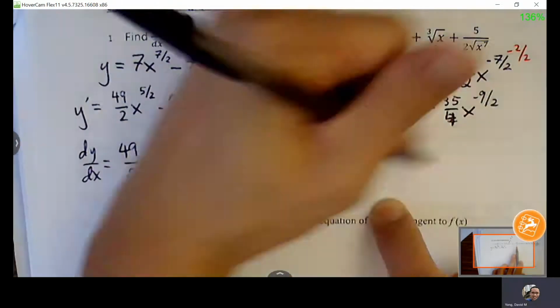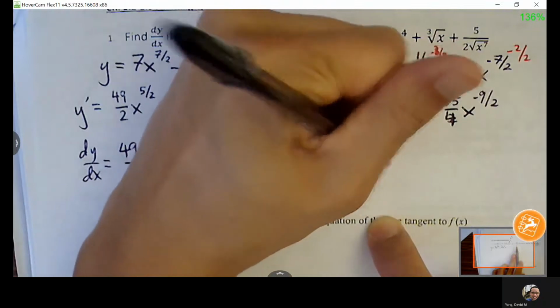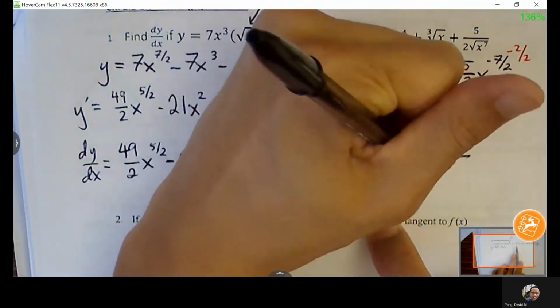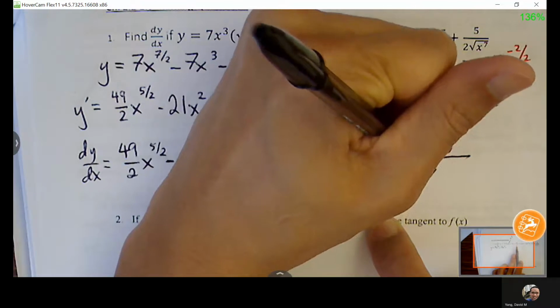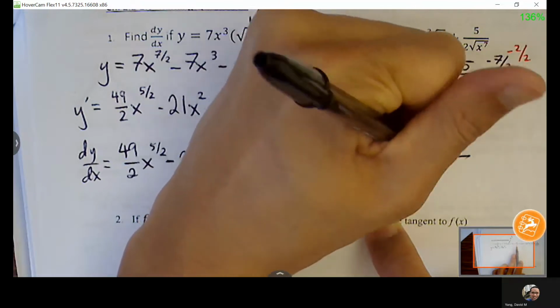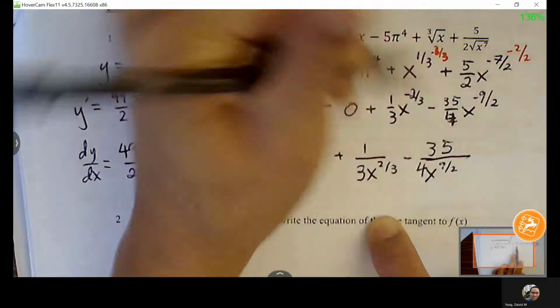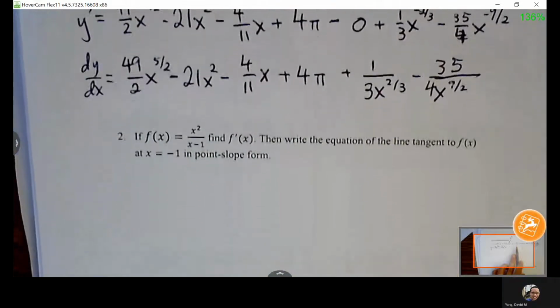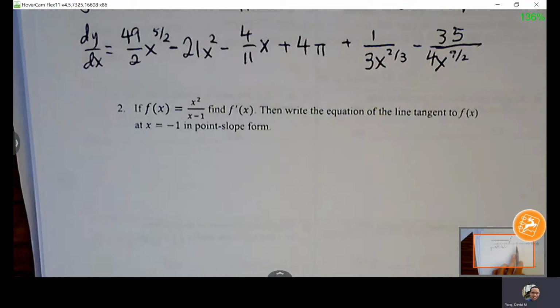The x comes down. Okay, any questions with number 1?